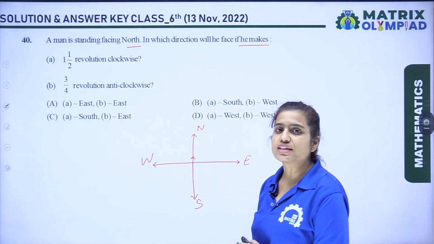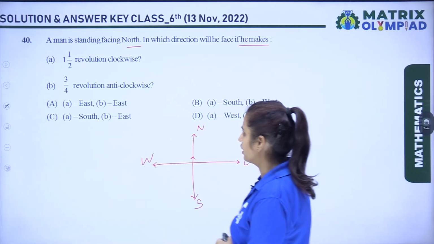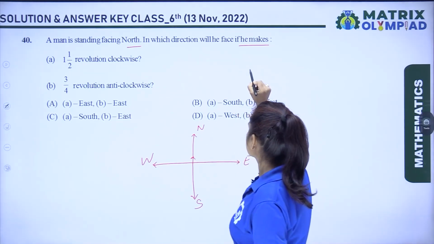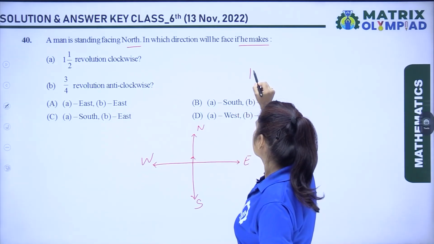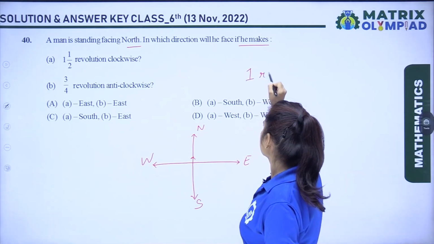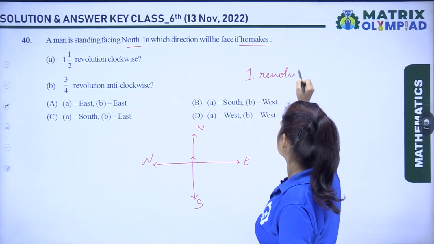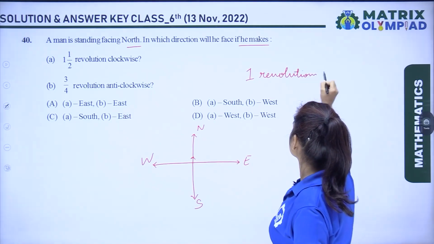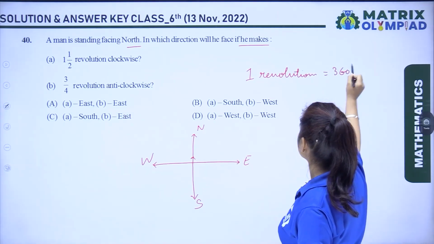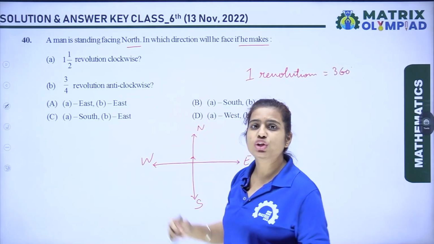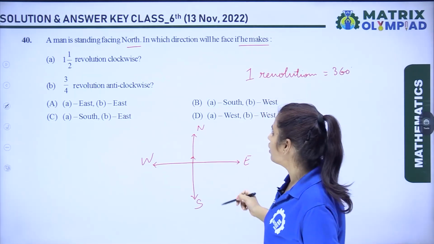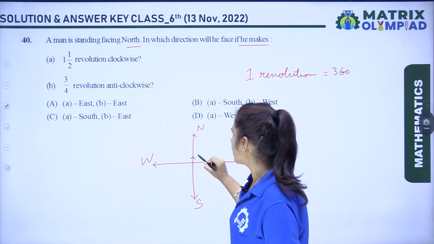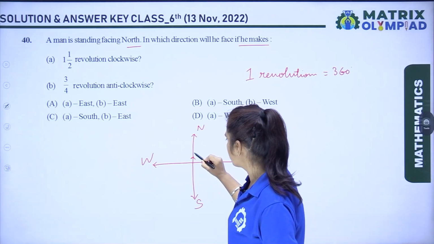1 revolution is equal to 360 degrees. So, half revolution is equal to 180 degrees. Now, let's move a person in a clockwise direction.